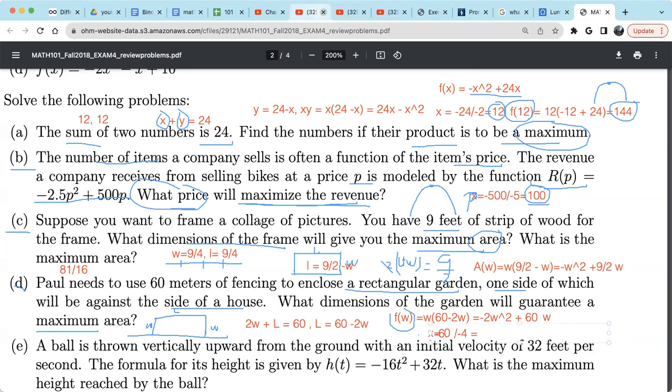Negative divided by negative is positive, so that is 60 divided by 4. Then it's 15, right? So it's 15. So the maximum area is 15.